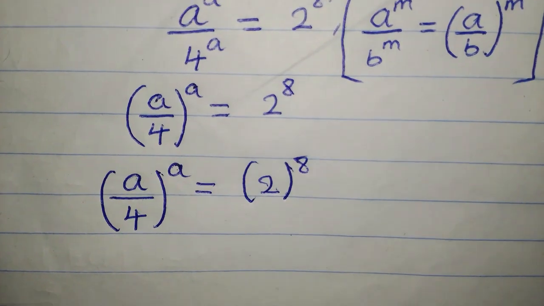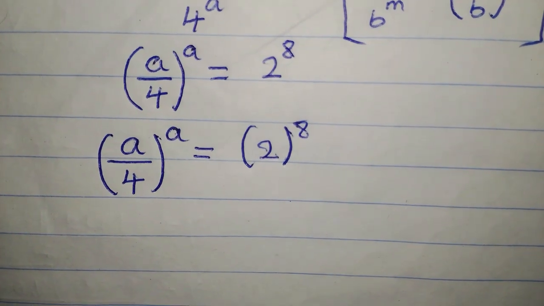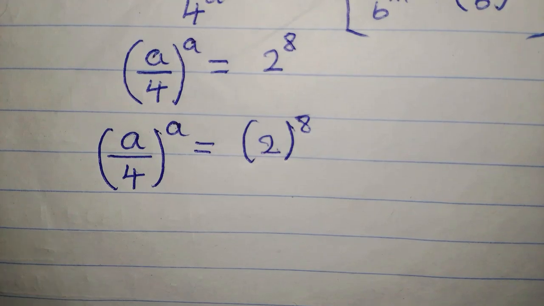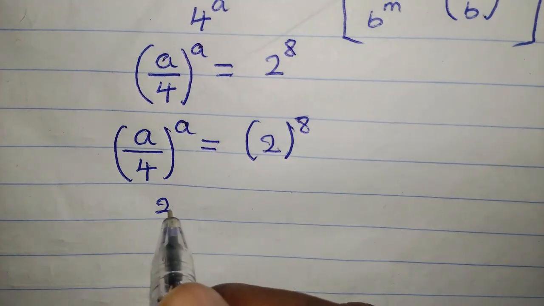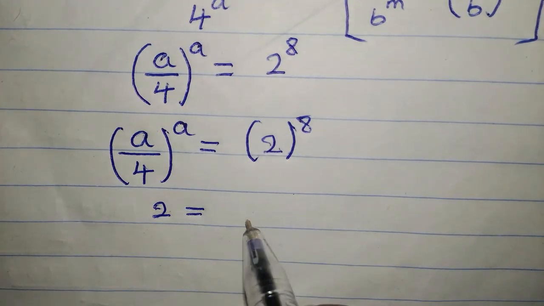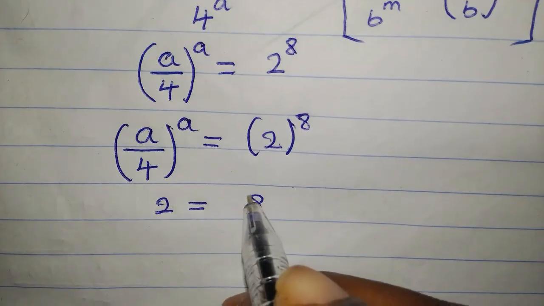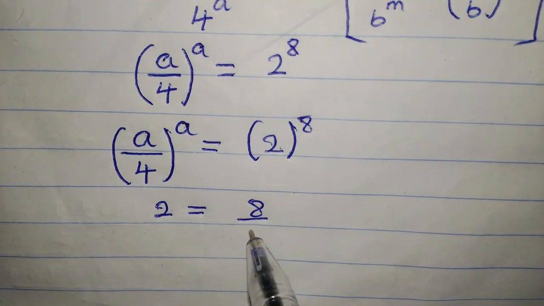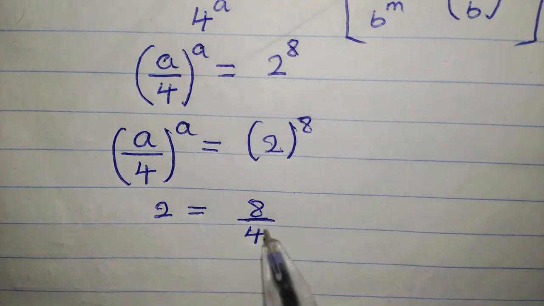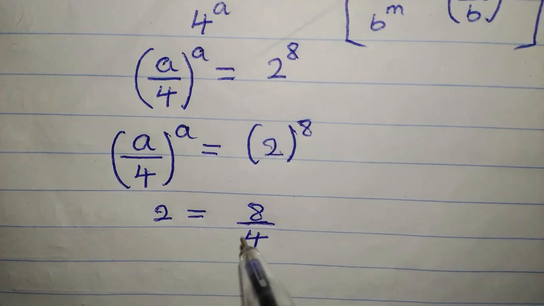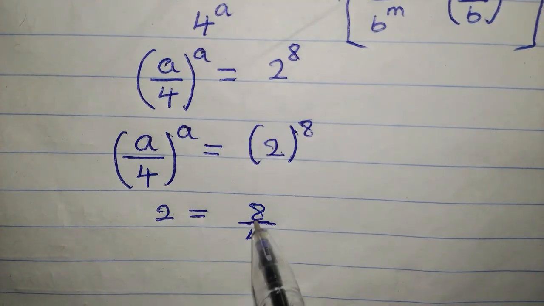If we solve further, we can say 2 is also equal to 8 divided by 4. So in the place of 2, we put 8 divided by 4.